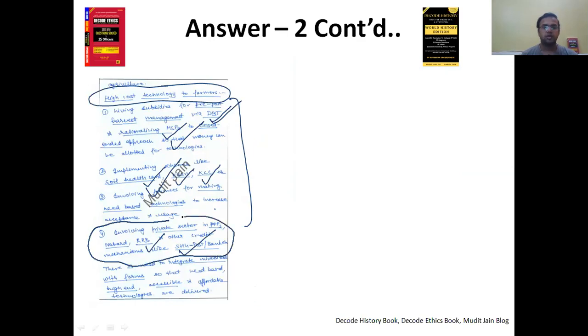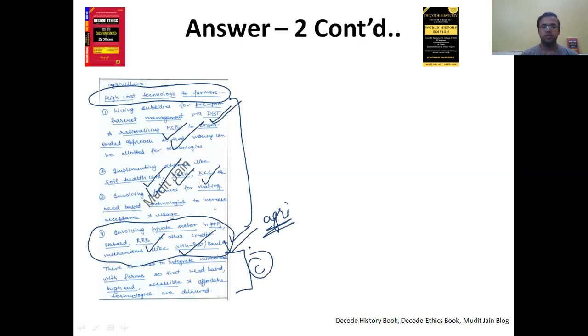So if you have read Sriram spiral notes, you will find this in the agriculture chapter of Sriram. So you can use that topic here as well. And in the end, I have written a conclusion.